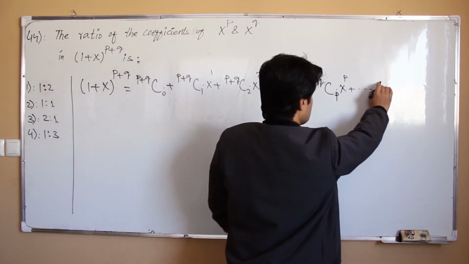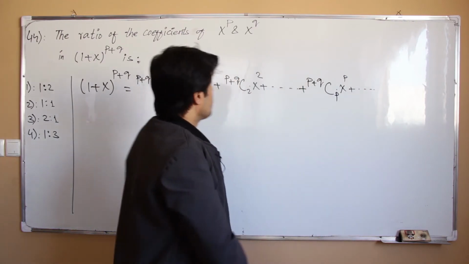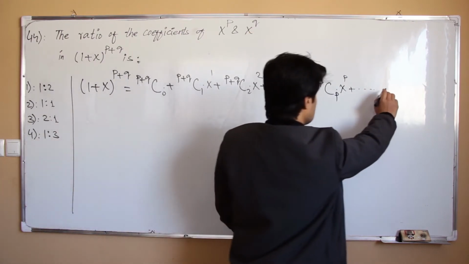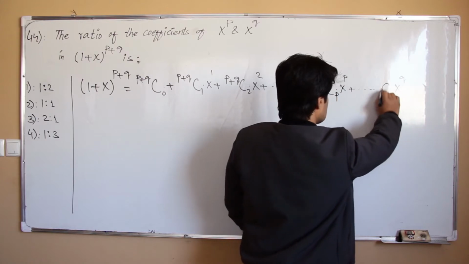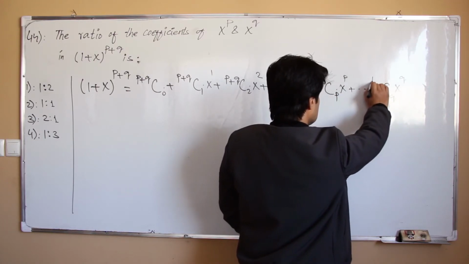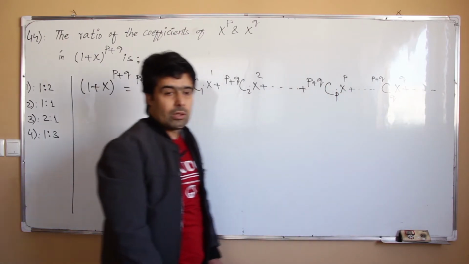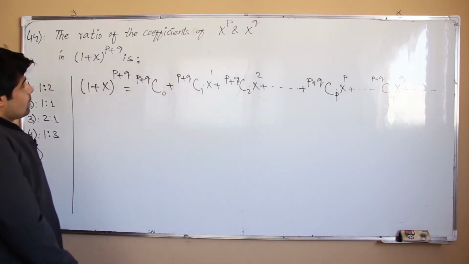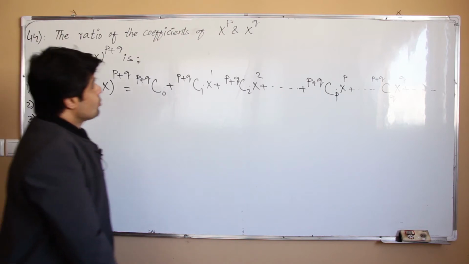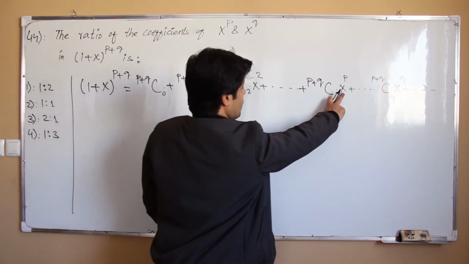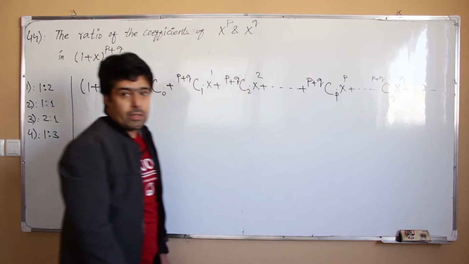Plus dot dot dot. If we want the coefficient of x to the power q, then r is q and n is p plus q. Am I right or not? Yes. Now, what is the ratio between the coefficient of x to the power p and x to the power q?